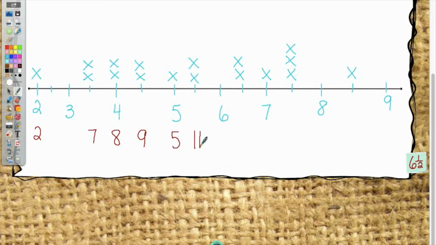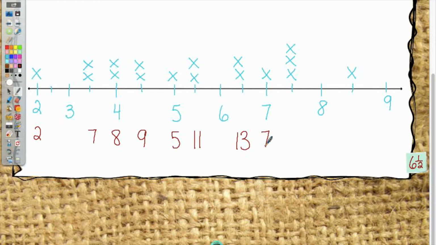Okay. The next one, 6.5, 2 copies of 6.5. 13. And 1 copy of 7. 7. 3 copies of 7.5.